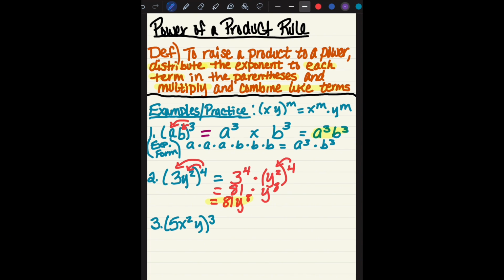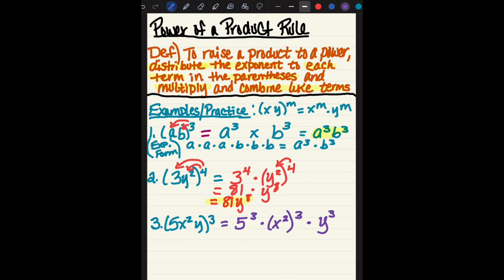Last but not least, number 3: 5x squared y, raised to the 3rd power. Let's break it down, guys. We have 5 to the 3rd power times, don't forget the parentheses, x squared to the 3rd power, times y to the 3rd power.